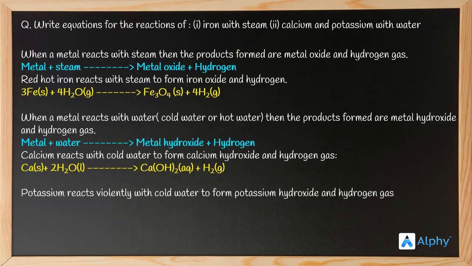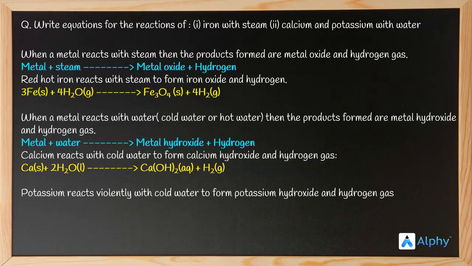Because of this, potassium is known as a most reactive metal. Iron doesn't react with cold water or even hot water, instead it reacts with steam. Calcium didn't react with cold water, but with hot water it gave calcium hydroxide. Just adding potassium to cold water gives potassium hydroxide and hydrogen gas, and it's quite a violent reaction.